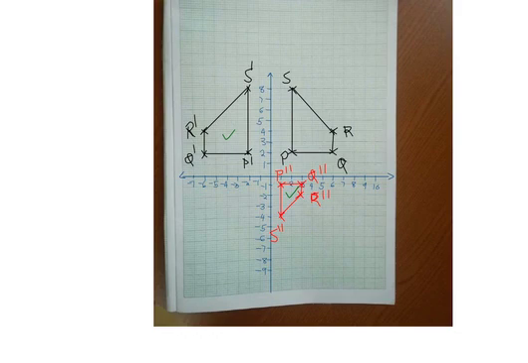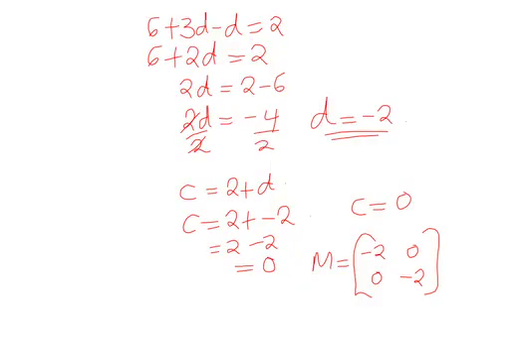You realize that it is an enlargement with the center O, which is the origin, and the enlargement scale factor is negative 2. So we say it is an enlargement center 0, 0, which is the origin, and the enlargement scale factor is negative 2.